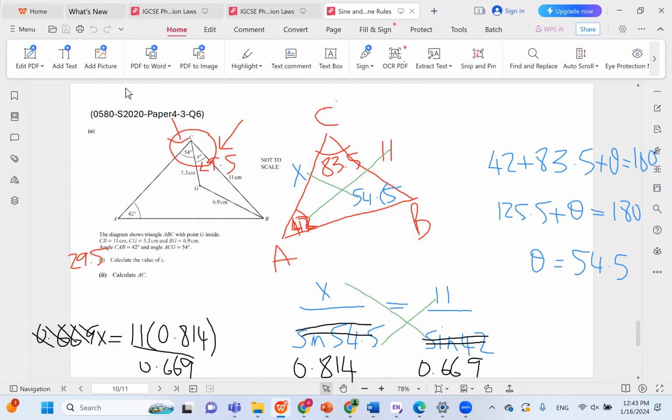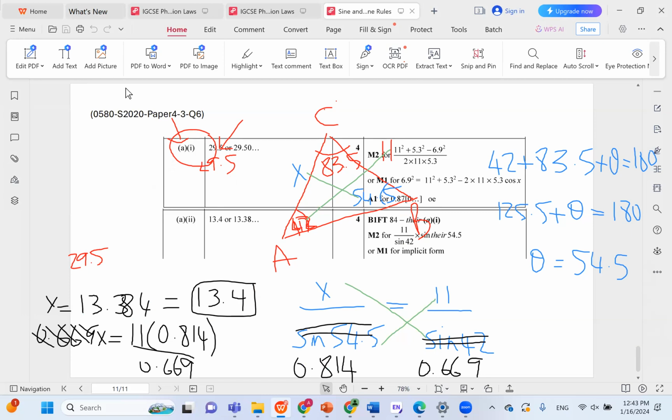So 11 times 0.814 divided by 0.669, x is equal to 13.384, or just maybe 13.4. That will serve as an okay final answer. So let's check the marking scheme. Yes, in fact, it is 13.38 or 13.4. These are both correct final answers.